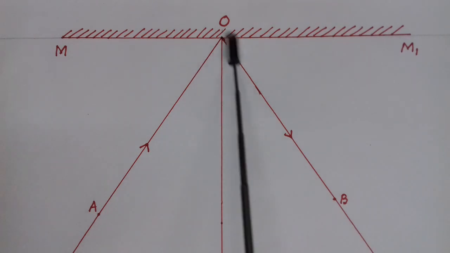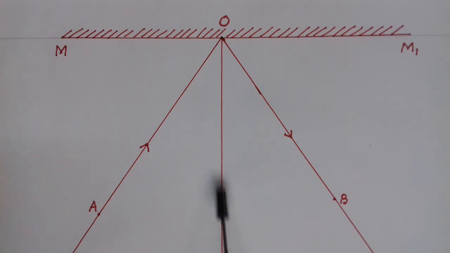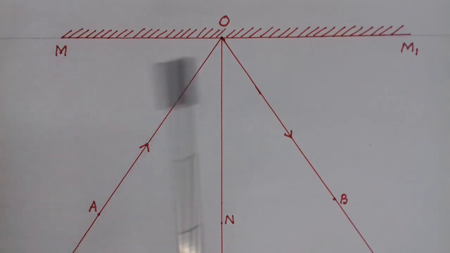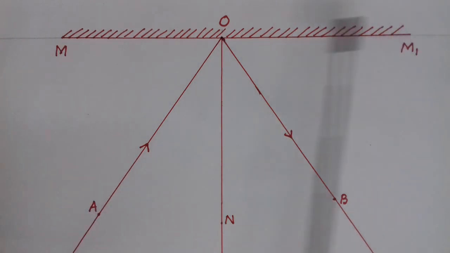Actually, this is an imaginary line. This imaginary line, which is perpendicular to the reflecting surface, is called the normal. Let the name of that normal be ON.